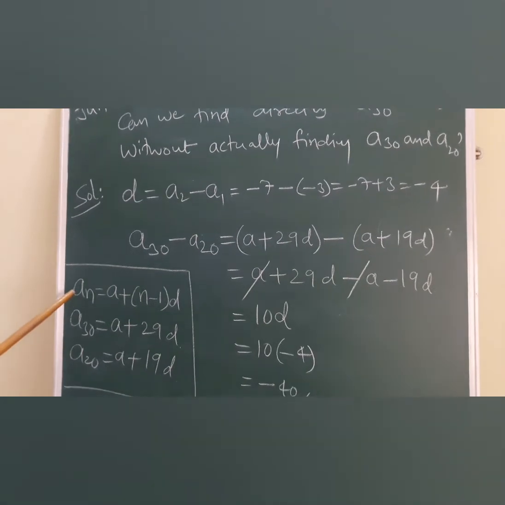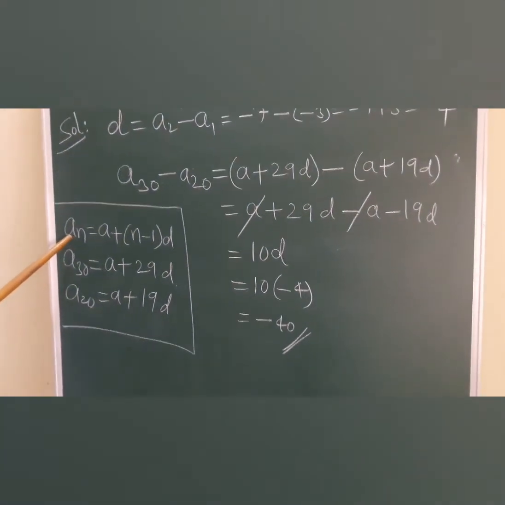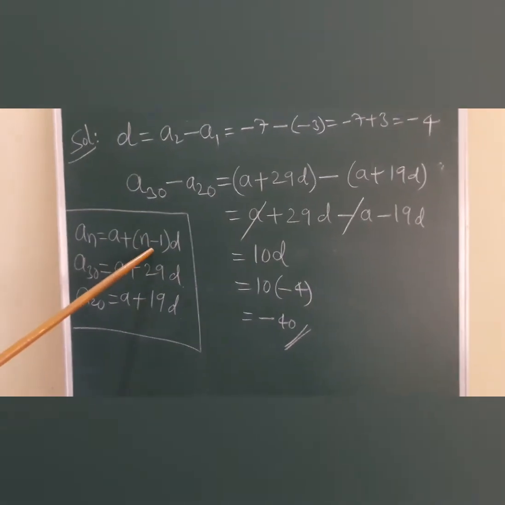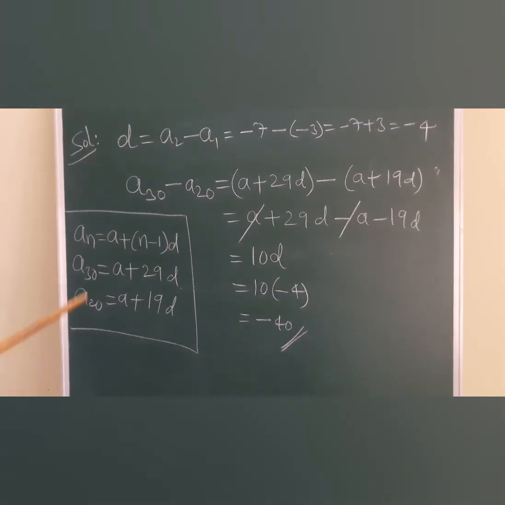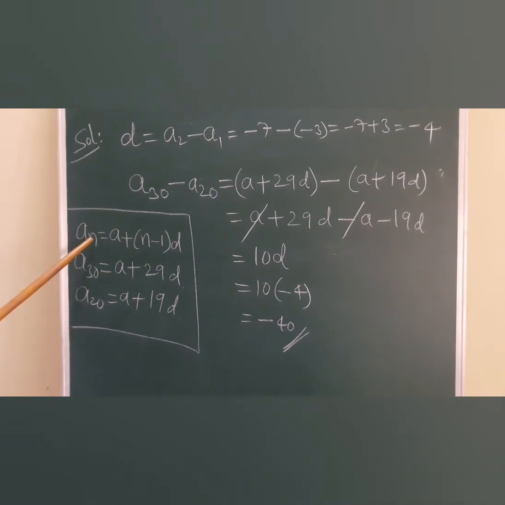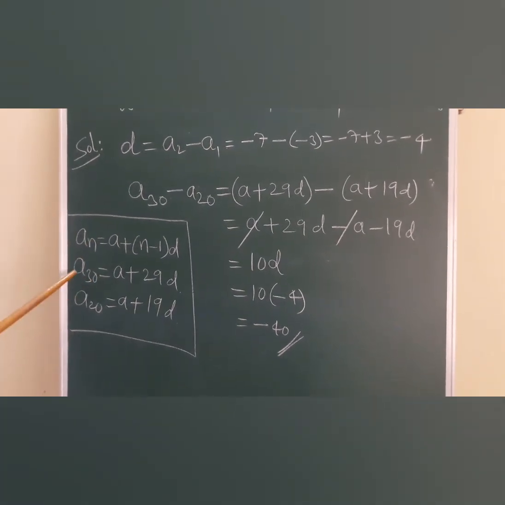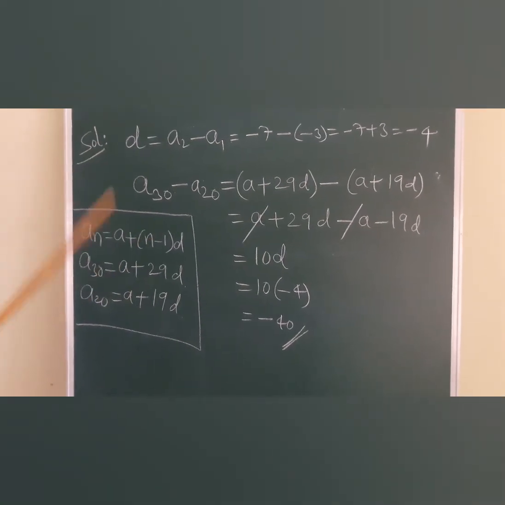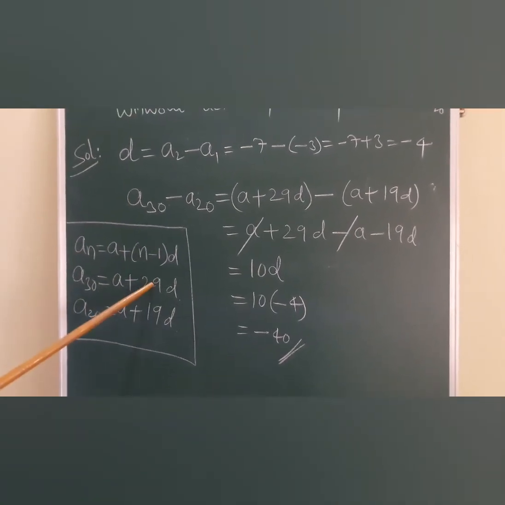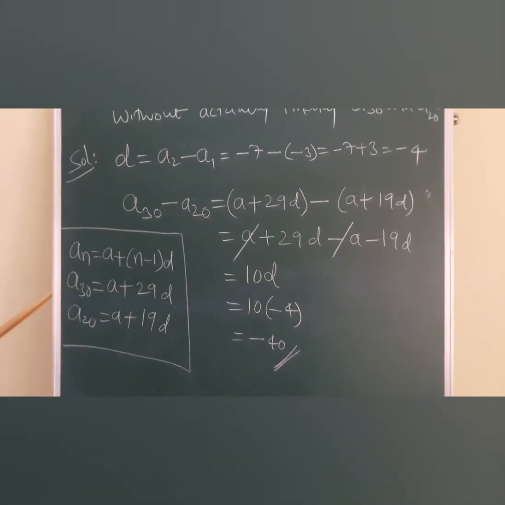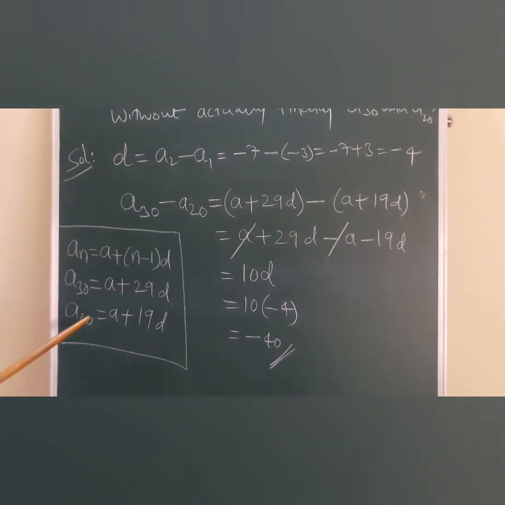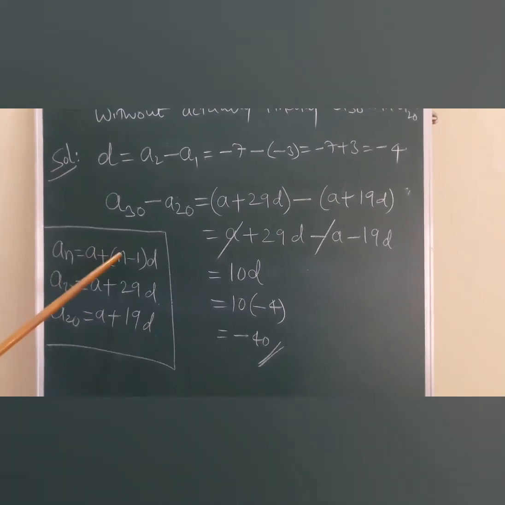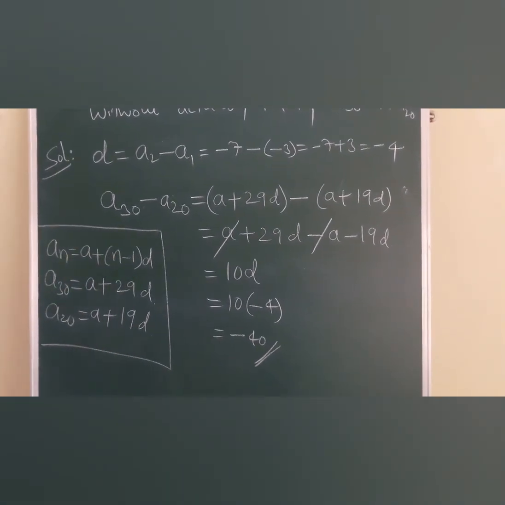Here we know the formula for the nth term: an is equal to a plus n minus 1 into d. By substituting n value 30, a30 is equal to a plus 29d, and by substituting n value 20, a20 is equal to a plus 19d.